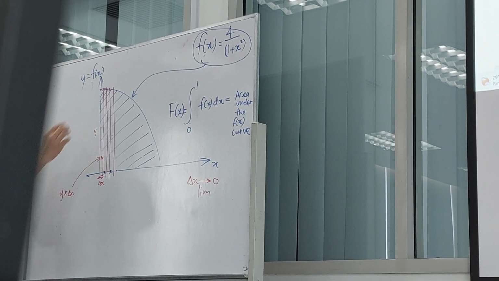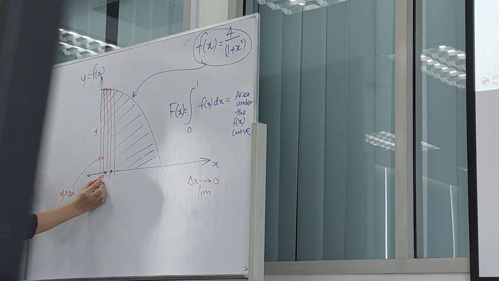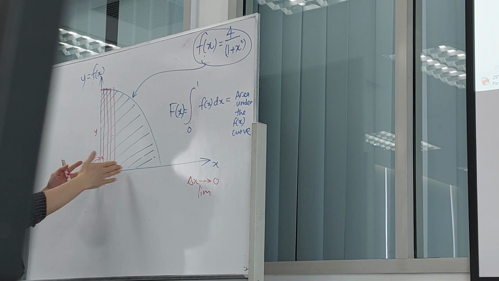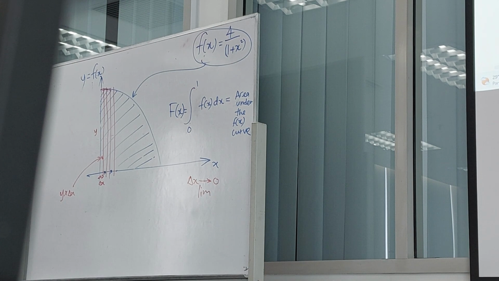Okay? Now in order to make it high precision, you make this delta x smaller. By making this delta x smaller, you have more strips, more of these to solve. Okay, let's look at how we solve it using a single thread. The program is here.